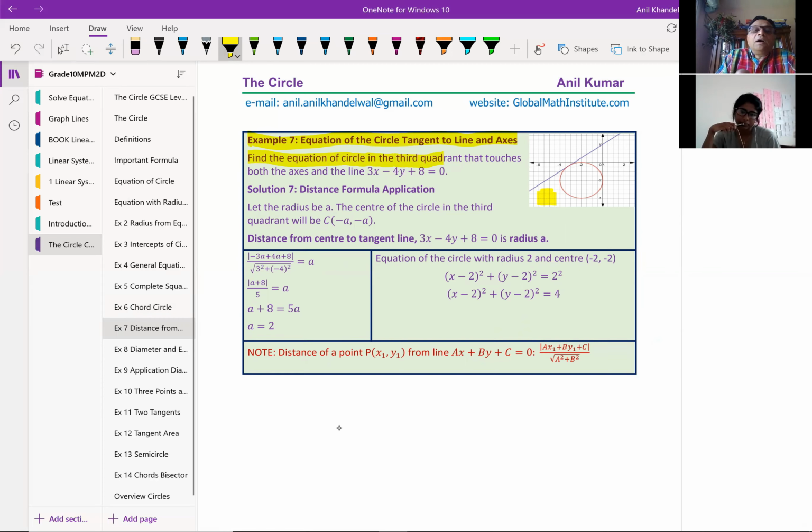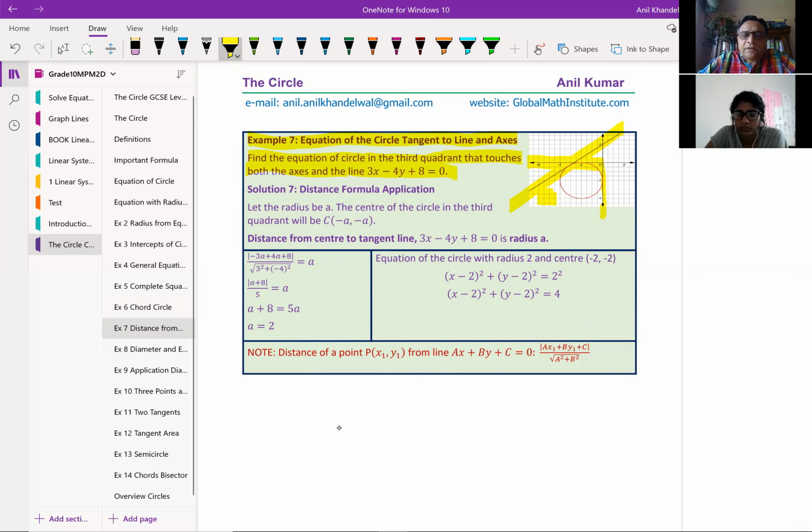In the third quadrant, it touches both the axes, which means it is tangent to this as well as this, both axes, and a line also, 3x - 4y + 10 = 0. So we have defined a circle which is tangent to both the axes and also to a line. That is a very interesting question for us to do.